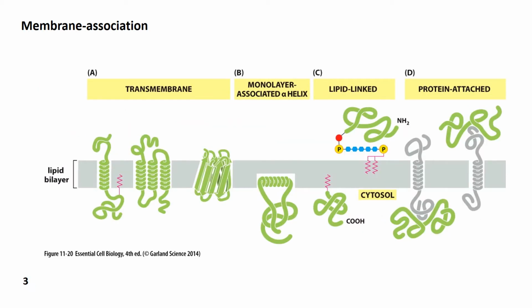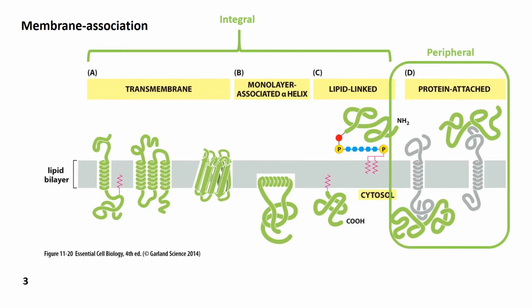In addition to being categorized by their function, membrane proteins can also be categorized by the mechanism through which they associate with the membrane. There are integral membrane proteins, those proteins that associate with the hydrophobic portion of biologic membranes, and peripheral proteins, those proteins that most likely are associated with membrane proteins through protein-protein interactions.